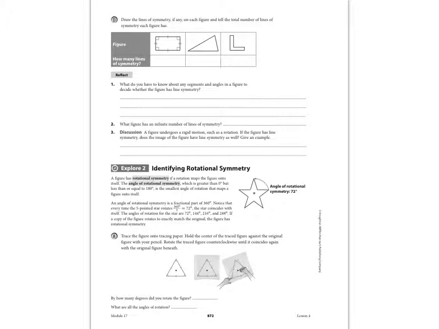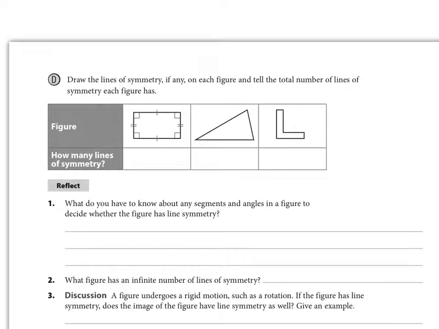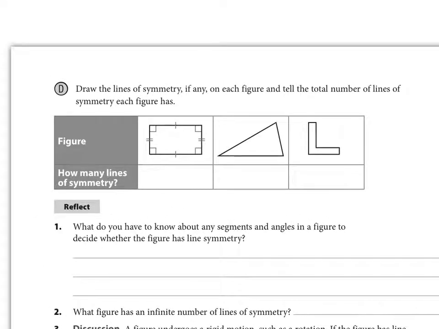On page 872, up at the top, let's look at these three shapes. The first one we have is a rectangle. It's important you know what these marks mean because you're going to start seeing them a lot more often. This little block at the corner means that it is a 90-degree angle, or a right angle.